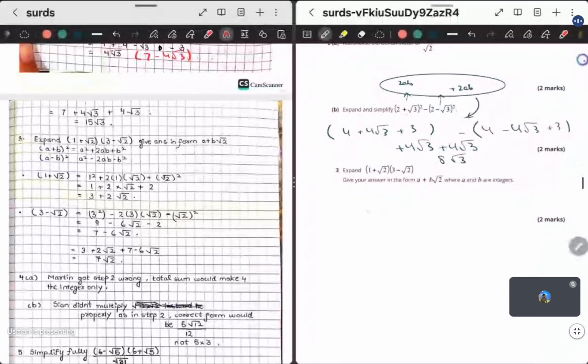So what you would get would be 1 bracket 3 minus root 2 plus root 2 bracket 3 minus root 2, whereby this becomes 3 minus root 2 plus 3 root 2 and minus 2 because this root and root will cancel.